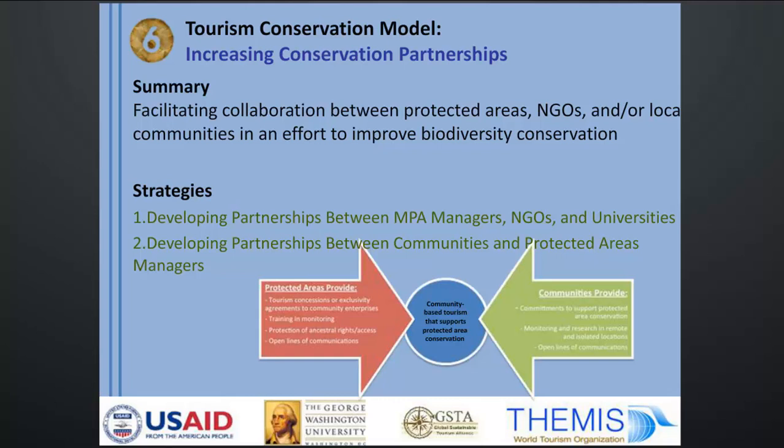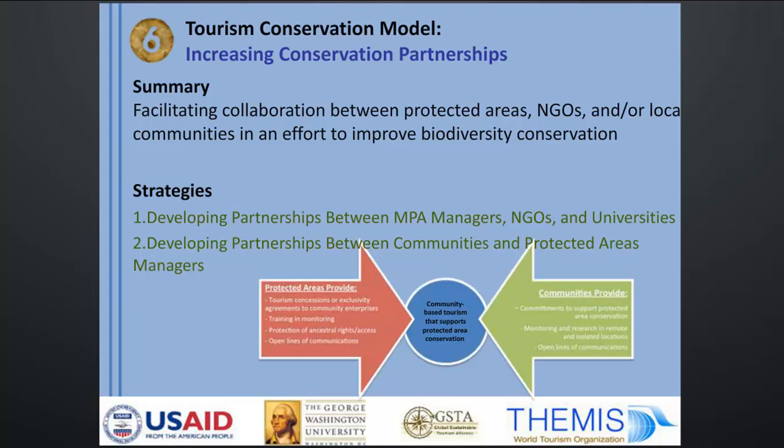With tourism, we see an opportunity to align interests because at the end of the day, both entities are focused on the conservation of natural and cultural resources at the destination or in a protected area. So these strategies focus on how to approach and open up the dialogue between these various stakeholders, which also includes NGOs and universities when we get into products like Save Tourism products and Save Tourism market.